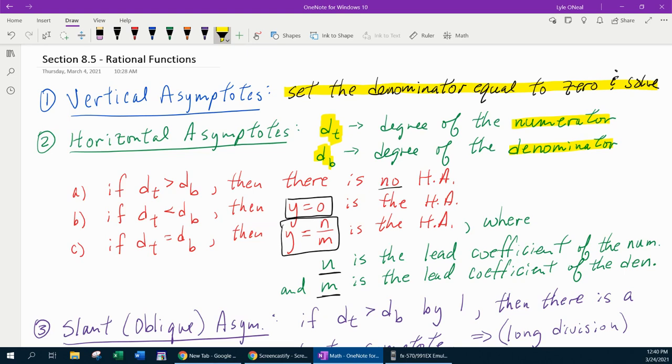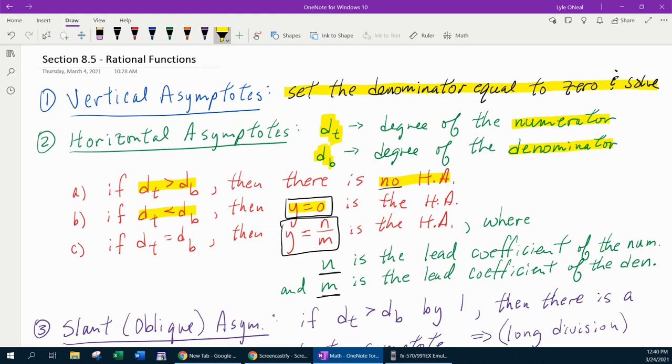So the first case, if d sub t is greater than d sub b, that means if the numerator's degree is bigger than the denominator's, then there is no horizontal asymptote. Part B, if the degree of the top is less than the degree of the bottom, then y equals 0 is the horizontal asymptote. There will be one, and it'll be y equals 0.